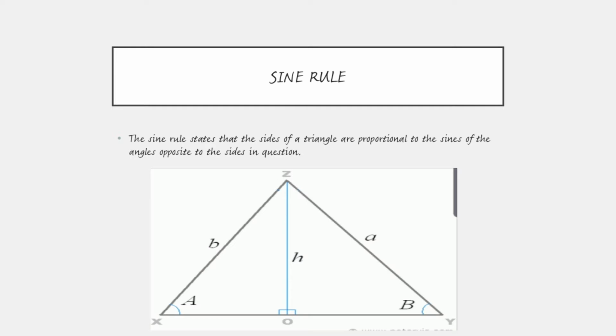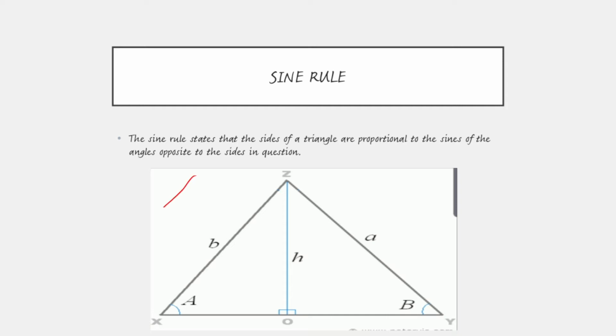From the triangle XYZ here, if we separate the triangle into right angle triangles, we are going to have two right angle triangles in it like this.